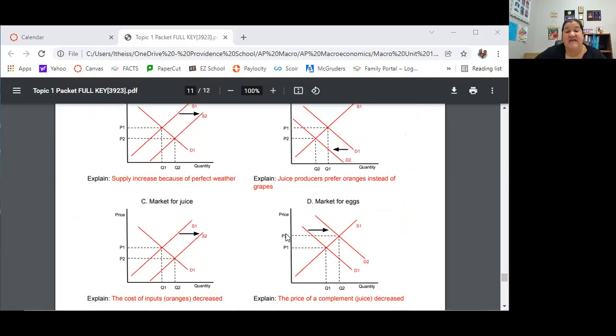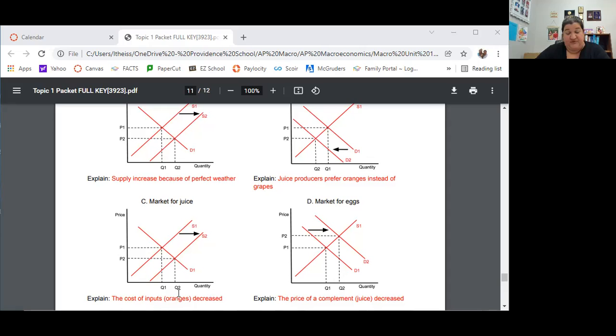Well, if the cost of oranges has decreased, do we care if we're making orange juice or grape juice? No, they didn't care if they were making orange juice or grape juice. So they're going to make orange juice. But the input, the supplies to go into making the orange juice are less expensive. So what does that do to my supply? I'm going to increase it. I'm going to make more of it if I can make it for cheaper.